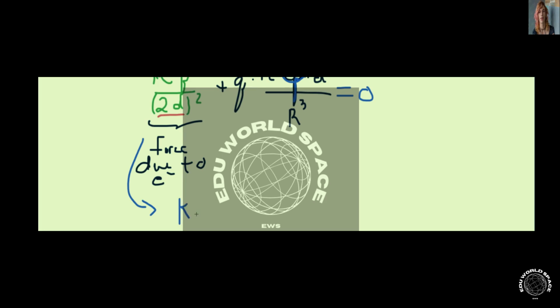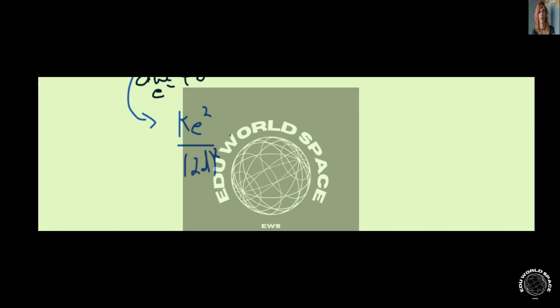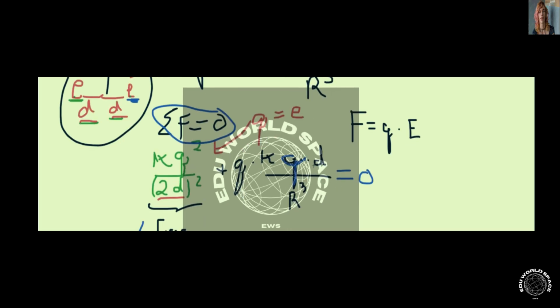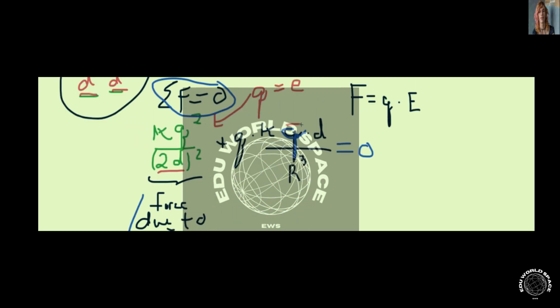We have K e squared, elementary charge squared, divided by 2d squared, plus e times K, that's just a constant, over R cubed times d, and then we need to worry about this, which is actually 2e.